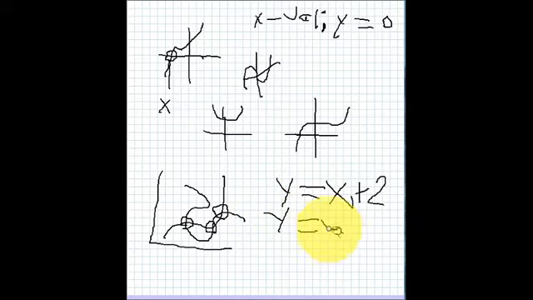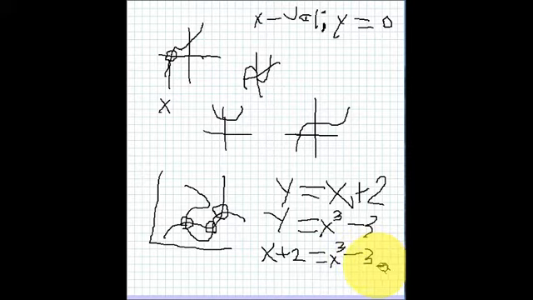So if I just gave you two functions and I said what are the intercepts of these functions, what you would do is set y equal to y like this, and so this is constraining it to where their y values are the same. Now you just solve for x, and so that would mean that the x values and the y values are the same simultaneously for both equations.